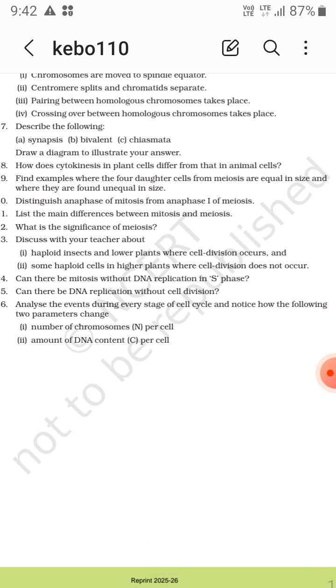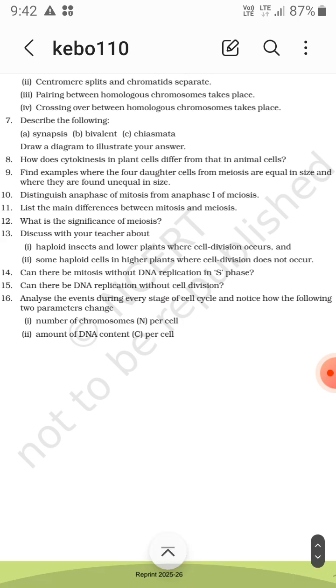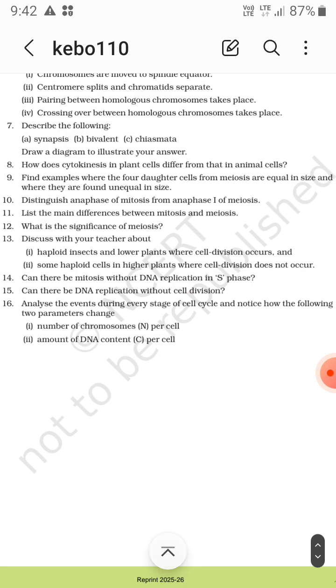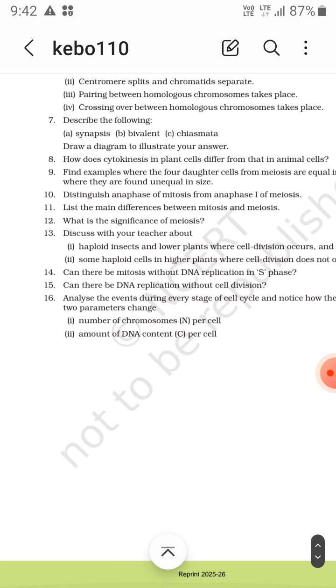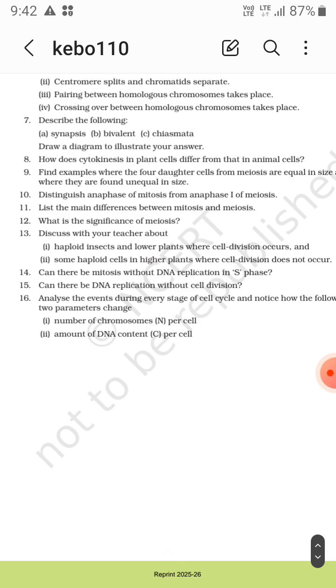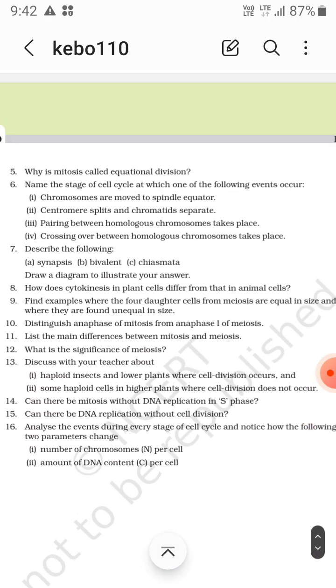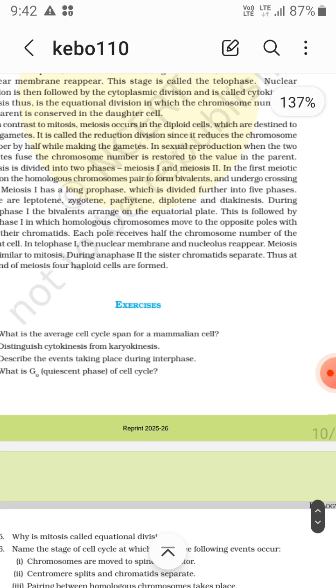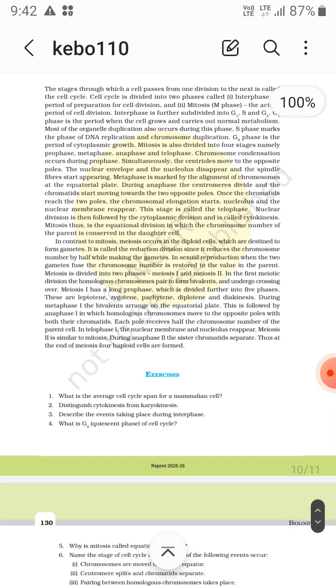The number of chromosomes per cell is the same, but on the chromosome the DNA gets replicated. If it is 2C then it's 4C, but the chromosome number stays the same. If it is 2N then it's also 2N. So this is it. This is all your chapter, that is cell cycle and cell division.